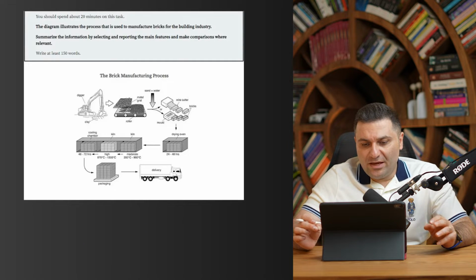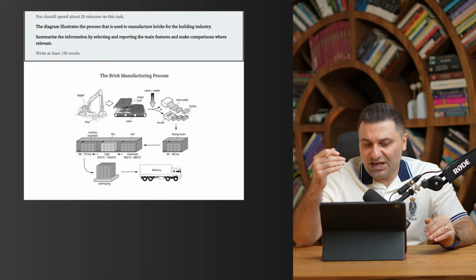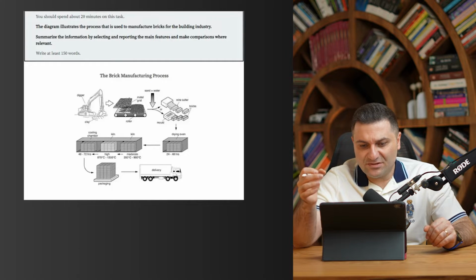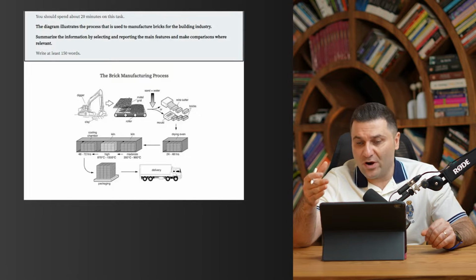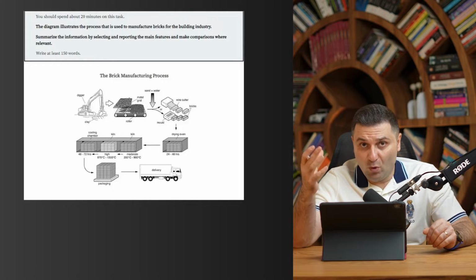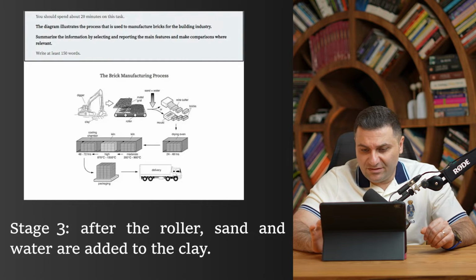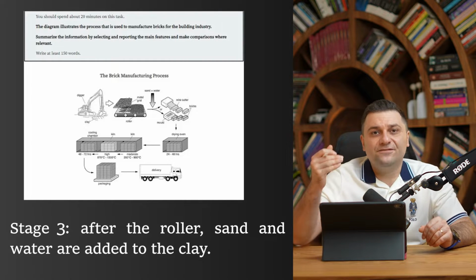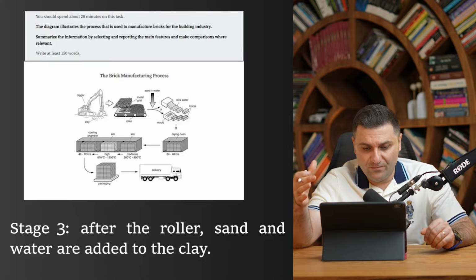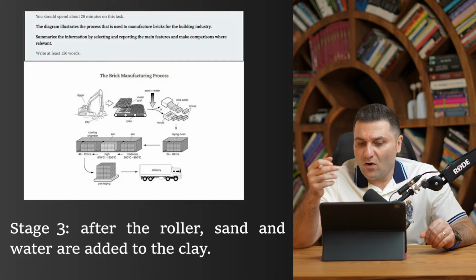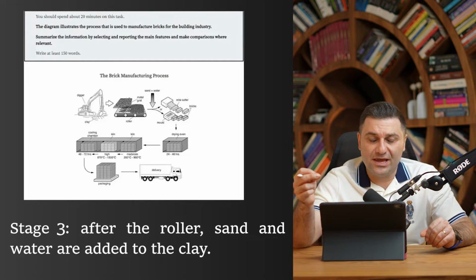We're going to make sentences about stage 3, which is sand and water, and stage 4, which is about the wire cutter or mold, all right? So stage 3. Take a look at this diagram. In stage 3, after the roller, sand and water are added to the clay.